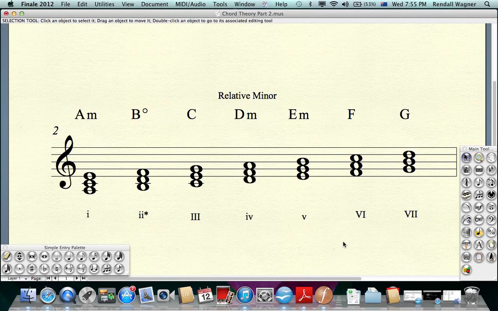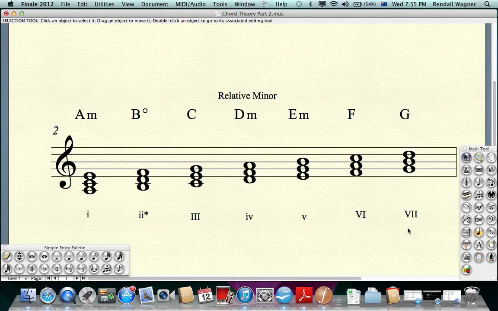If you're in a different key, we'll look at how that works in part 3. What happens with our keys and scales though is that these chords down here, we talk about them in Roman numerals because that's the way they will always appear.